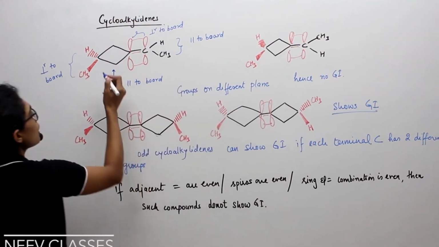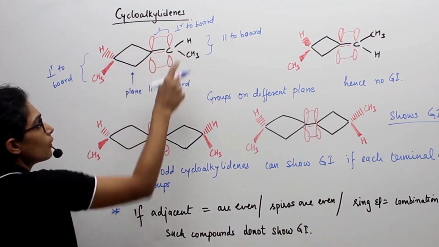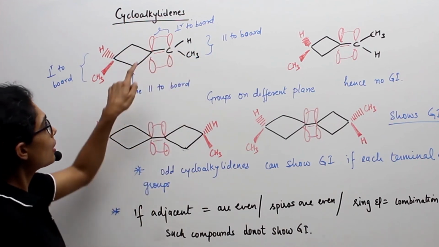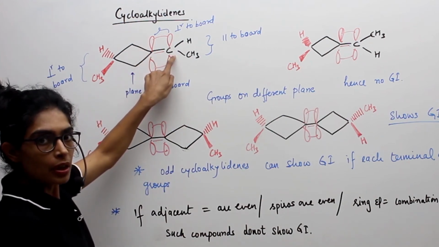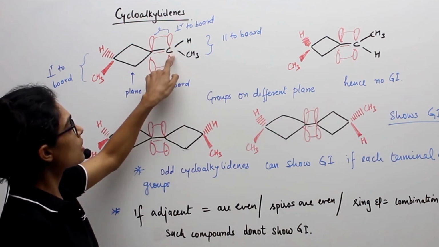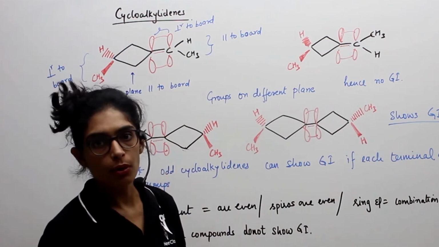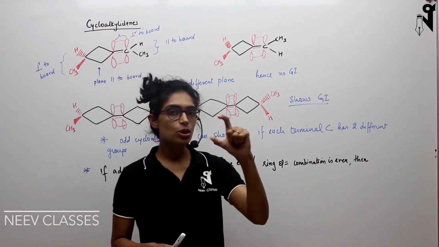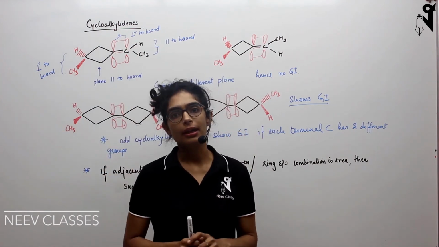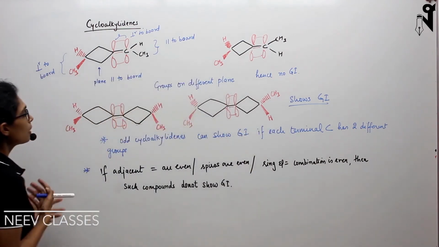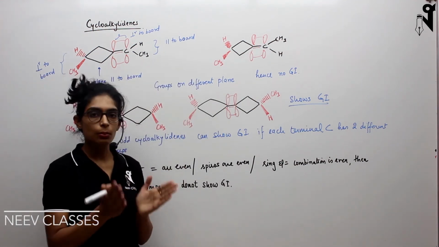So basically the carbon of a cyclic ring is participating in forming a double bond with another carbon next to it, which may be part of a cyclic ring or maybe an independent carbon altogether. So when cyclic chain carbons form a double bond with the rest of the chain, such compounds are called cycloalkylidenes.